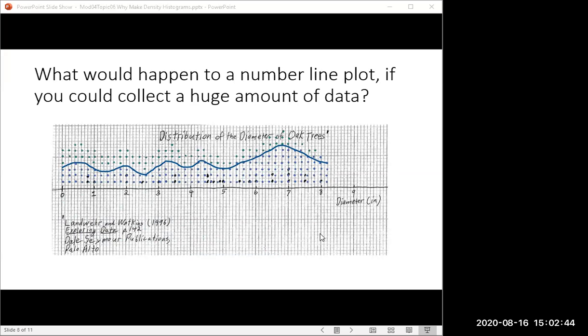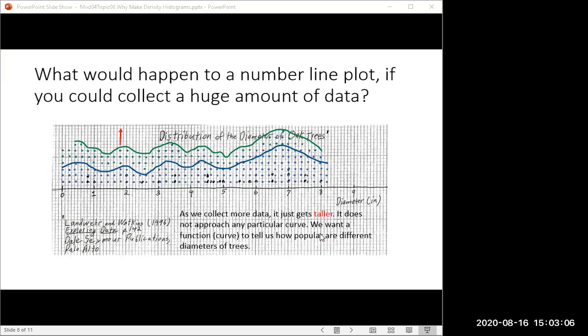So a number line plot does not approach the true distribution, or does not approach anything as you collect more and more data. You just keep getting new functions like the blue one or the green one higher up the page as you go. It just gets taller.